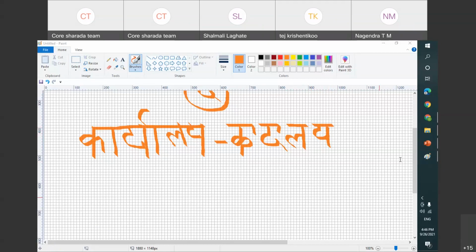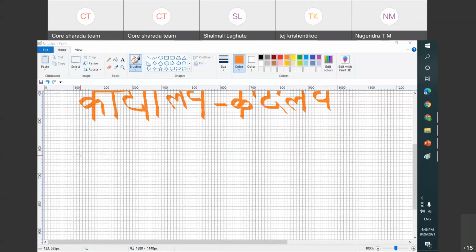I think there is some other word which a student has told about. Yes, Dya. Dya we know, right? Like Vidyalaya. Let me write just Vidya to save time. So how do we write it?